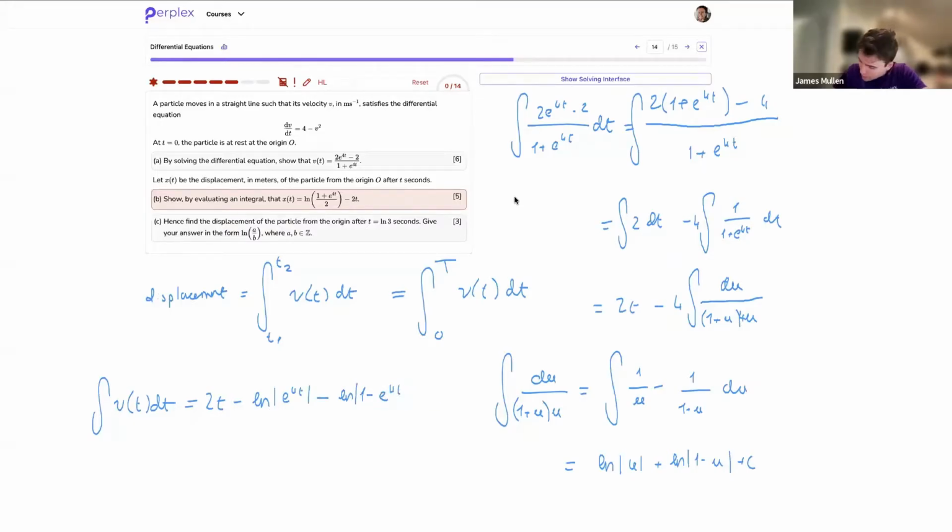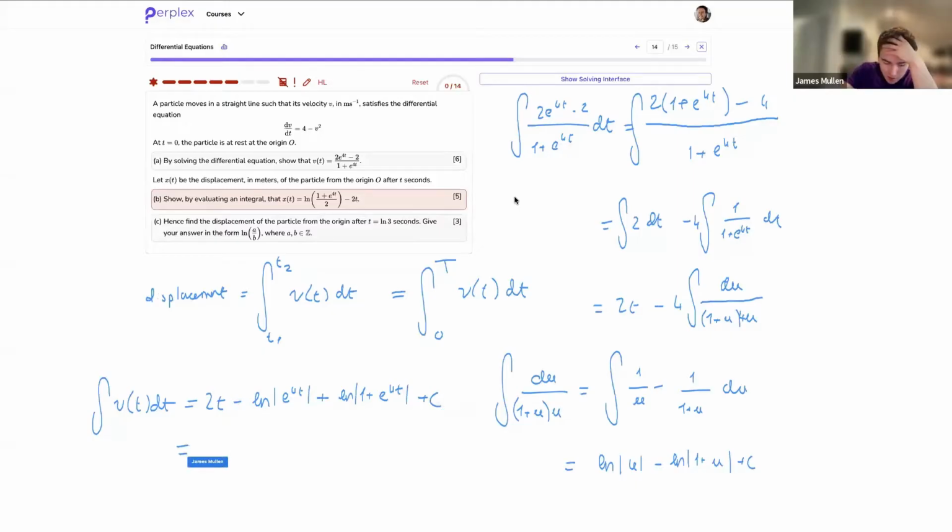I'm not happy with it being a minus, it's supposed to be a 1 plus. There was a mistake there, and so that becomes plus, okay? And there is a plus c that we don't know yet, okay?